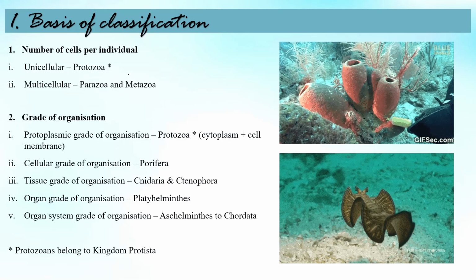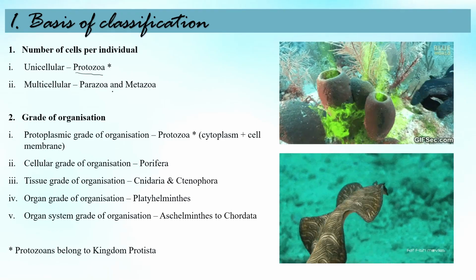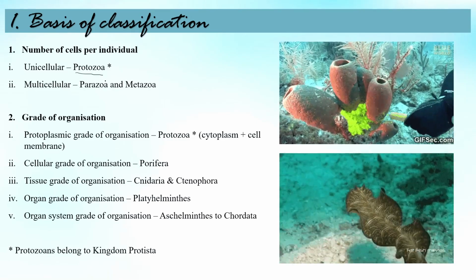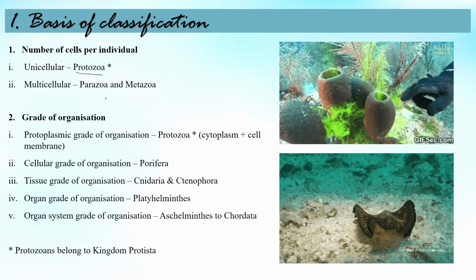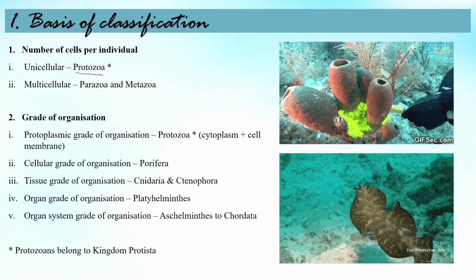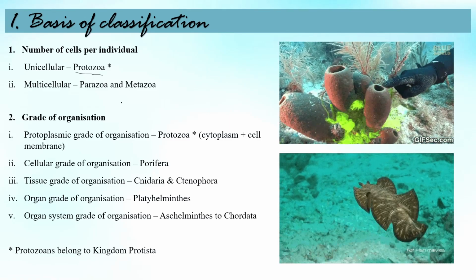So we have a small confusion with respect to protozoans, but we usually say that all animals are multicellular, right? Parazoans and metazoans. So they are going to be multicellular. So no confusion in this number of cells per individual. It's going to be more than one in most of the animals. I mean, in all animals to be specific, right?